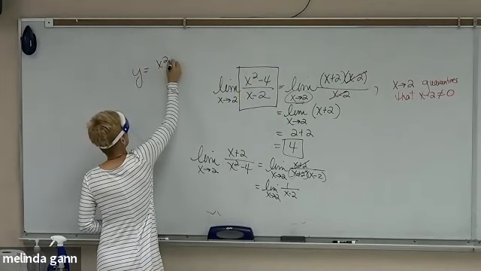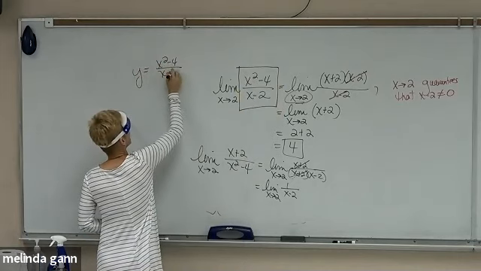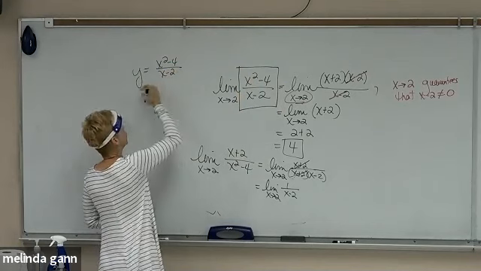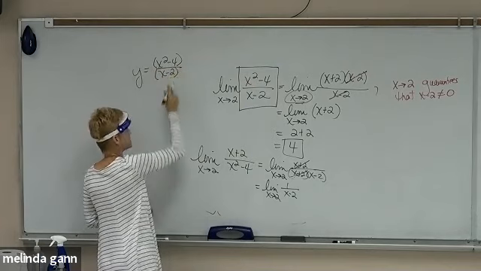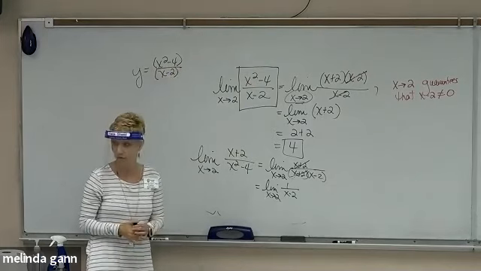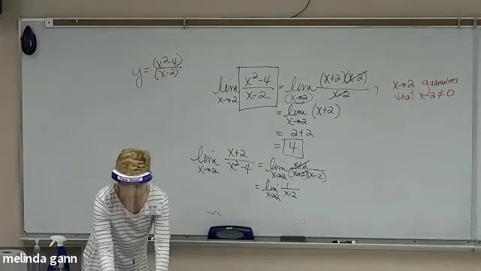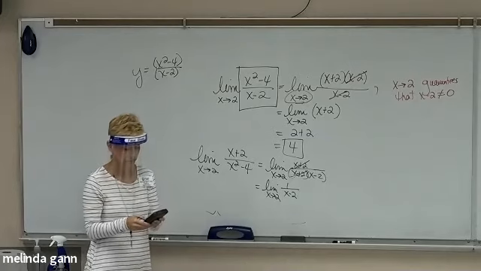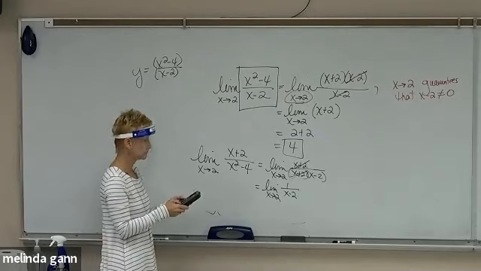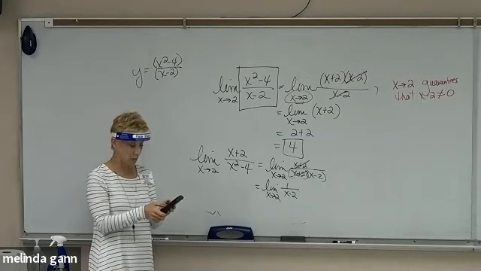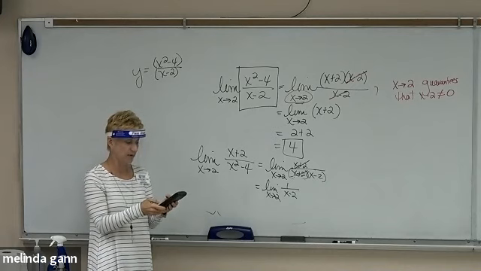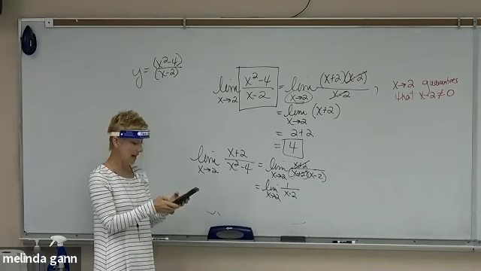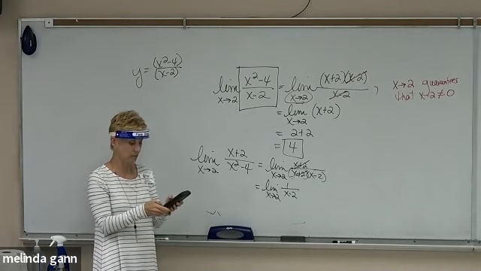Y equals x squared minus 4 over x minus 2. Now, when you type it in, you better put that numerator in a parenthesis and you better put that denominator in a parenthesis or you're not going to have the right graph. So I've got an x squared minus 4 in my numerator in a parenthesis divided by, I've got an x minus 2 in my denominator.